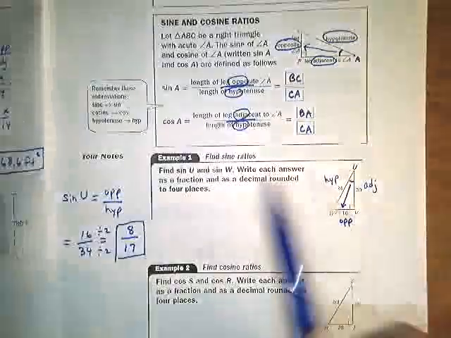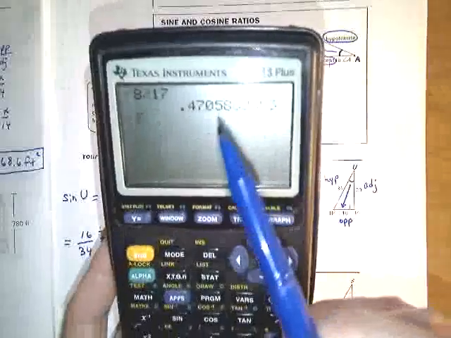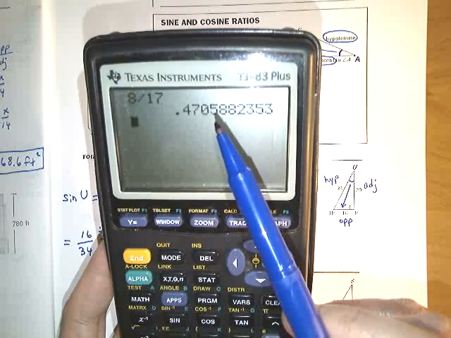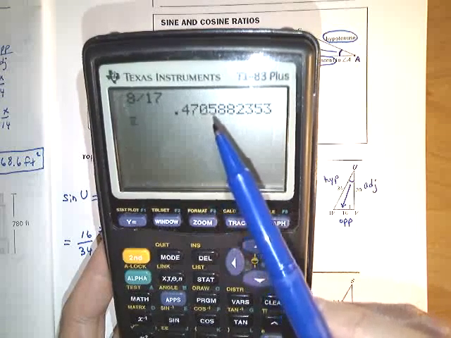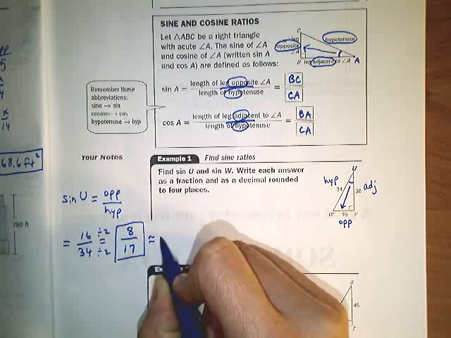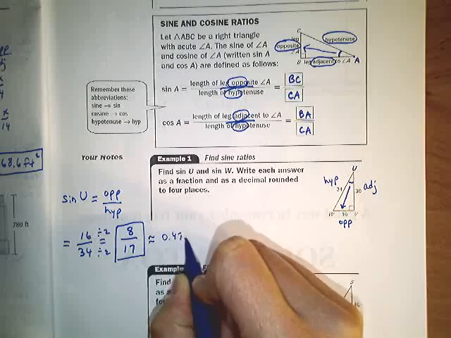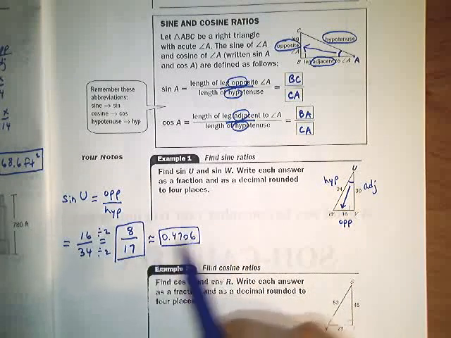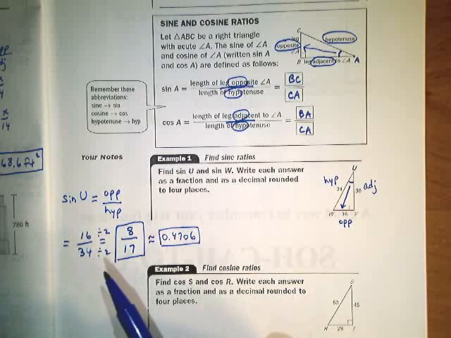And then they want us to round this off to 4 places. So that would be 0.470, well, since the next digit is an 8, we'll have to round that up to 6. So 0.4706. Okay, so we have both of our answers for the sine of angle U.